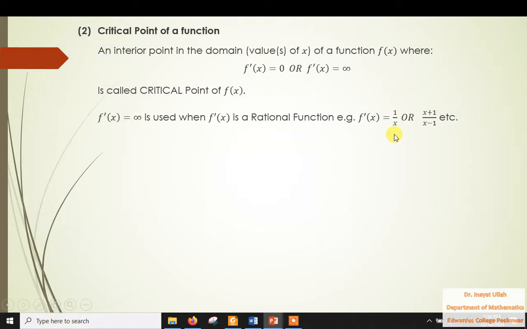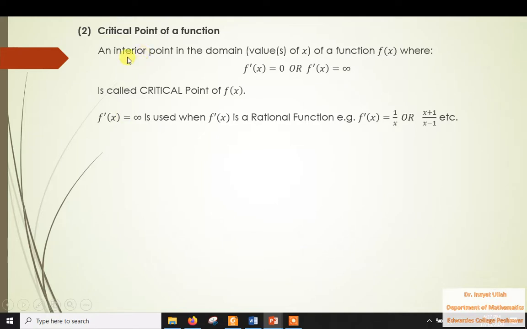So in all those cases, when f prime is in this style or in this style, a rational function in fraction, we'll use this idea, f prime x is equal to infinity.